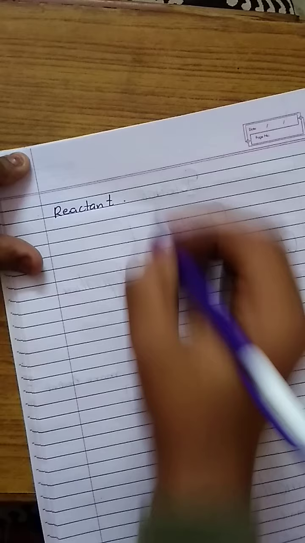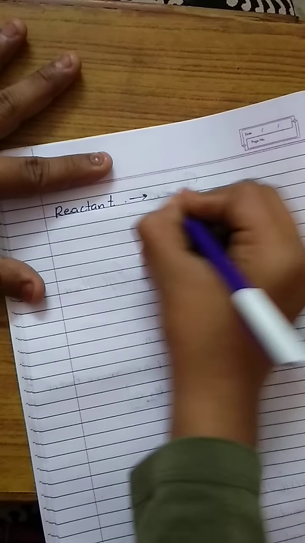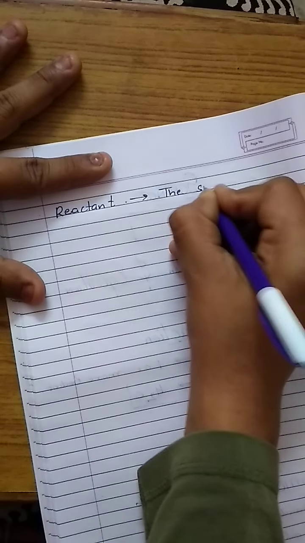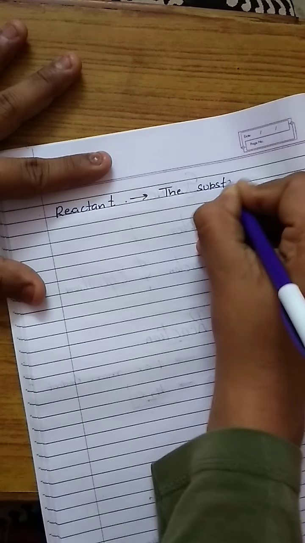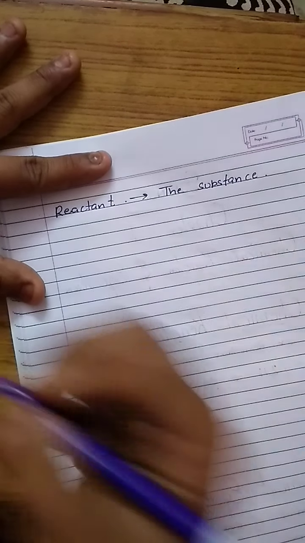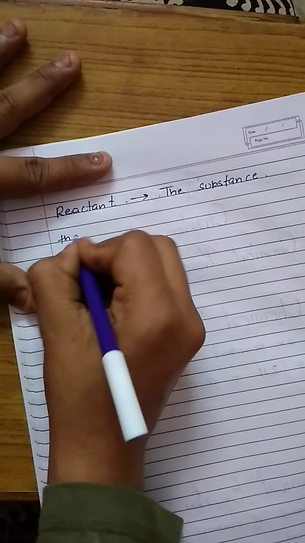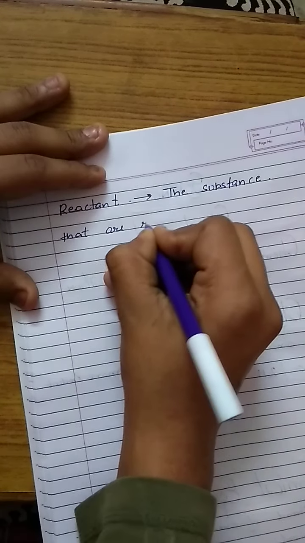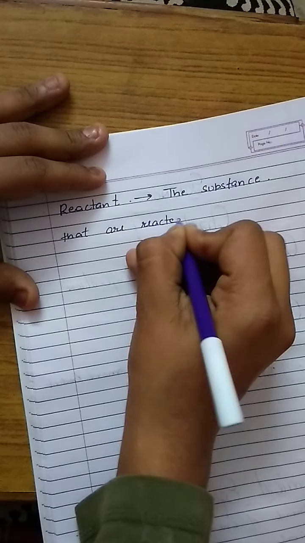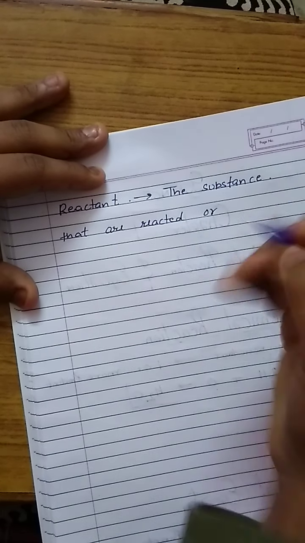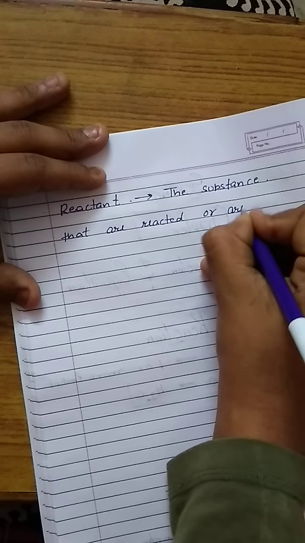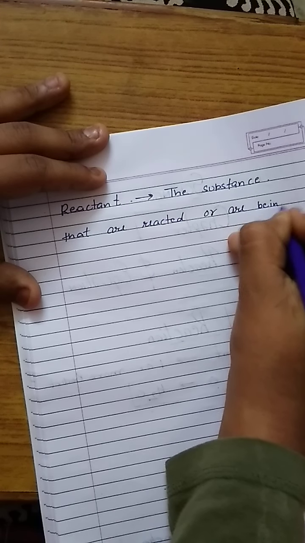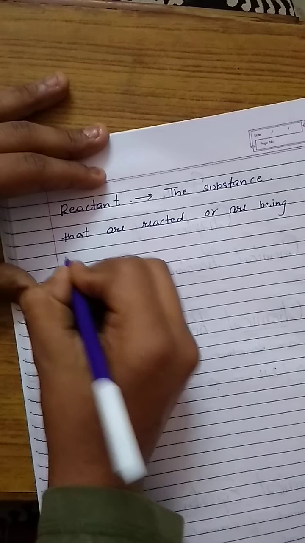Reactant: the substances that are going to be reacted, or are being in place of reaction.